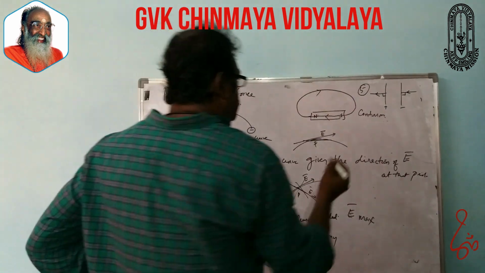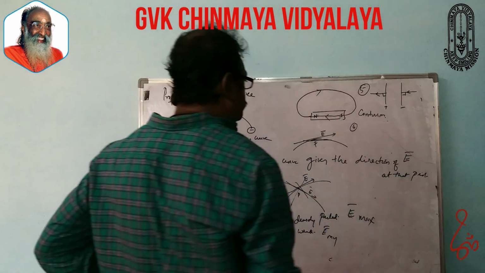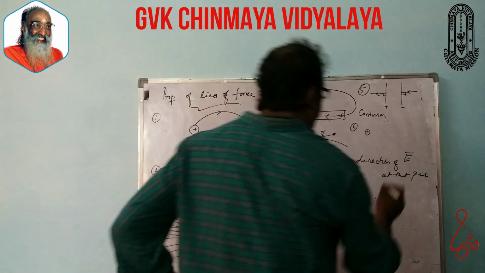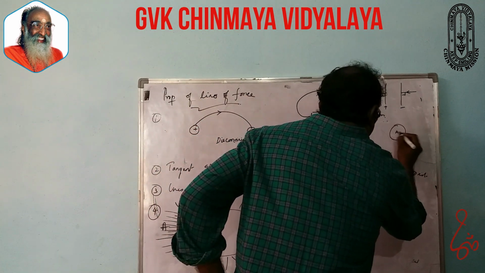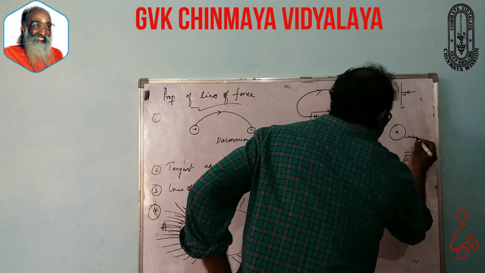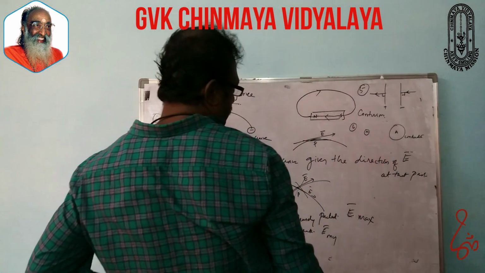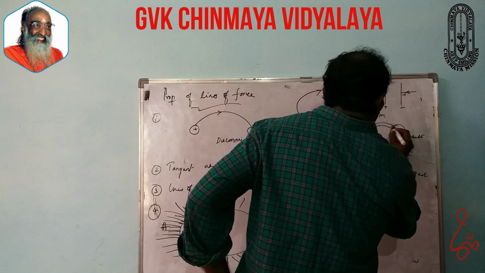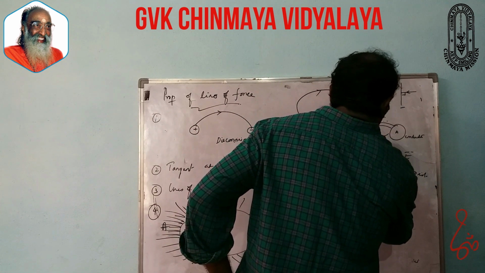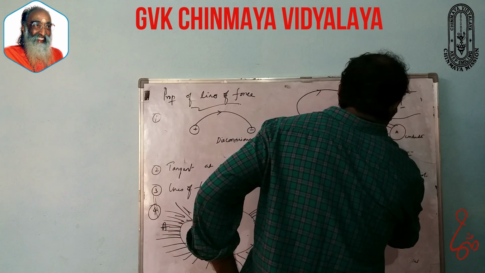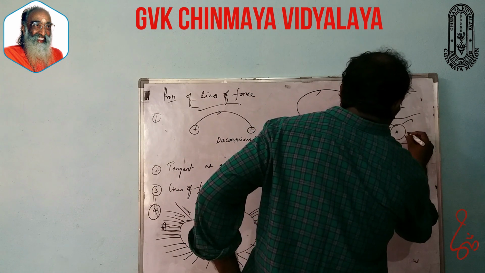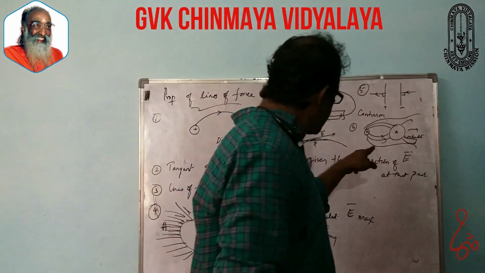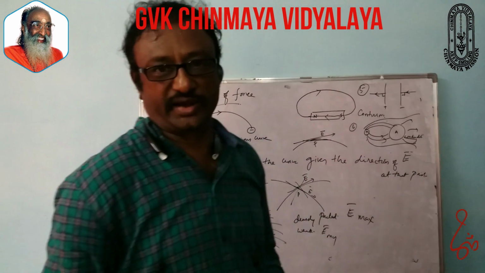And next, an important point. This you can understand by a diagram. Suppose a positive charge is there, and I am keeping a conductor here. If you see the lines of force coming from the positive charge, they reach the conductor, but they are not entering inside it.